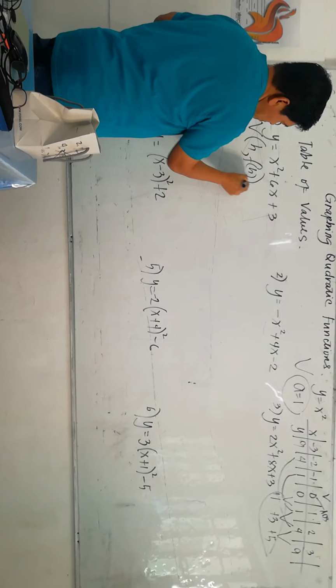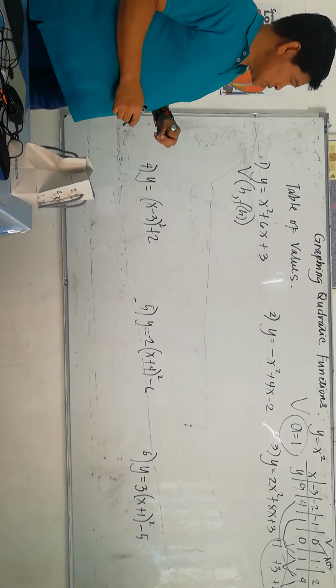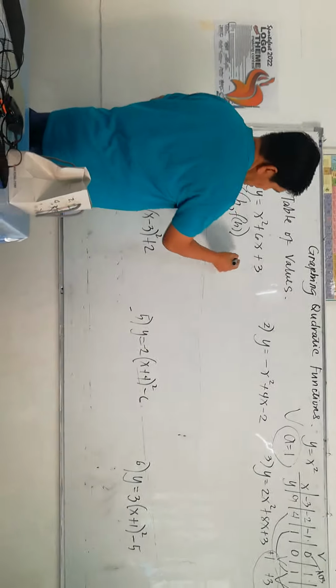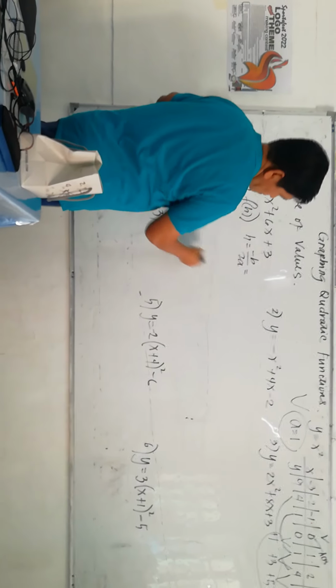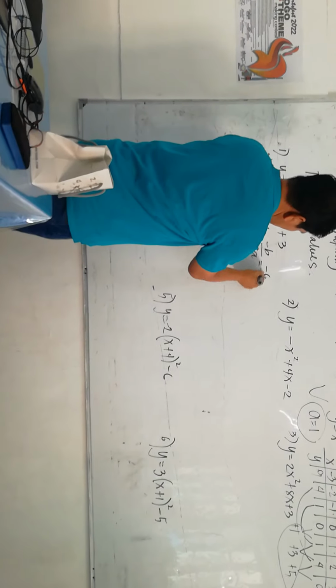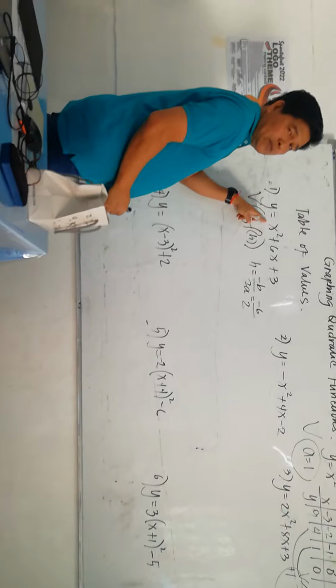So instead of using the value of k, we solve for h. H is equal to negative b all over 2a. Your b is 6. So this is negative 6 all over 2 times the value of a, which is equal to 1.